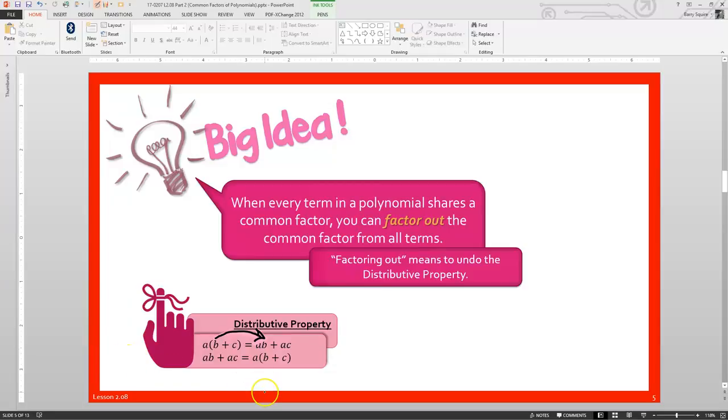But one of the wonderful things about things being equal is that if it equals each other one way, it also equals each other this way. So we can go back and forth with the distributive property. We can keep doing it and undo it, do it and undo it. So basically when we undo it, that's when we're factoring. And factoring is super common. We do it a lot.